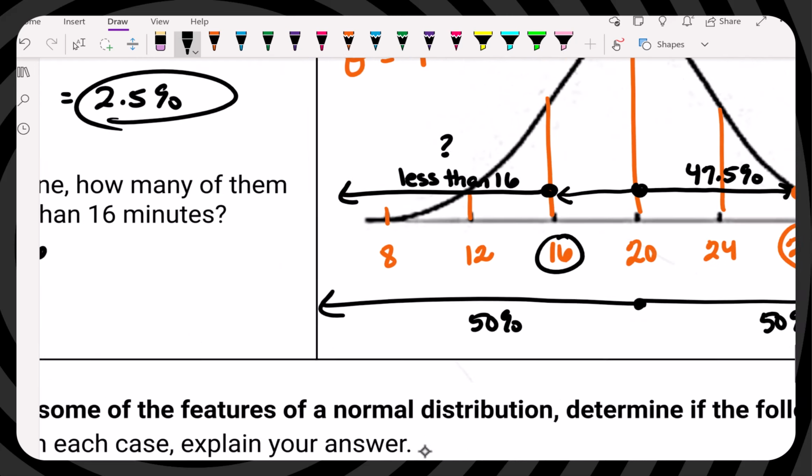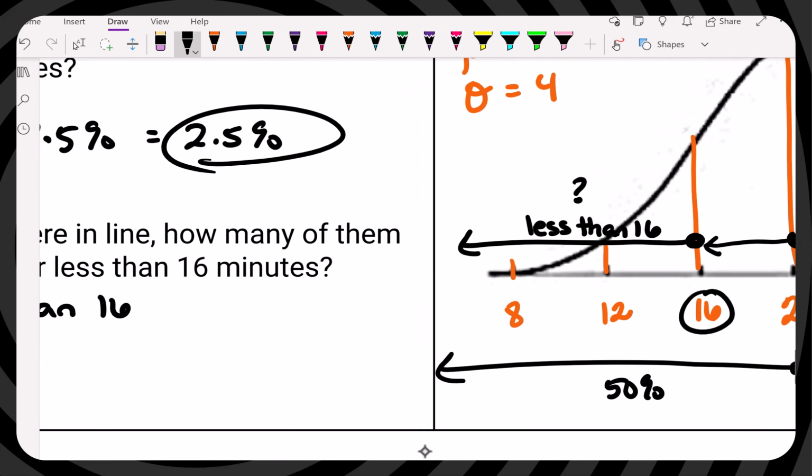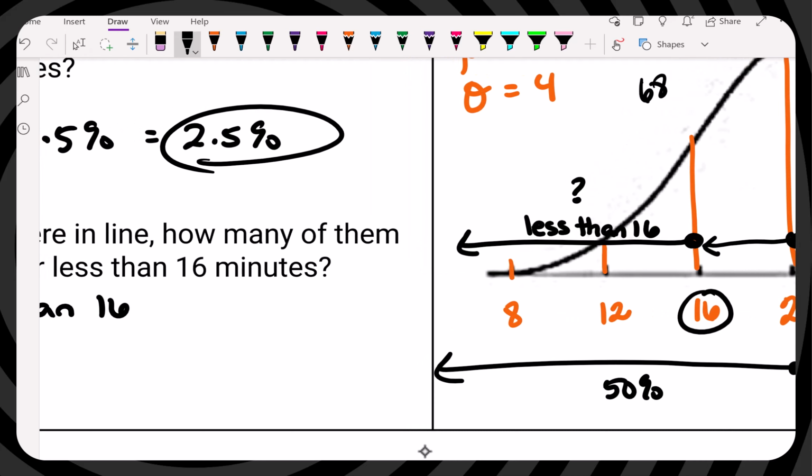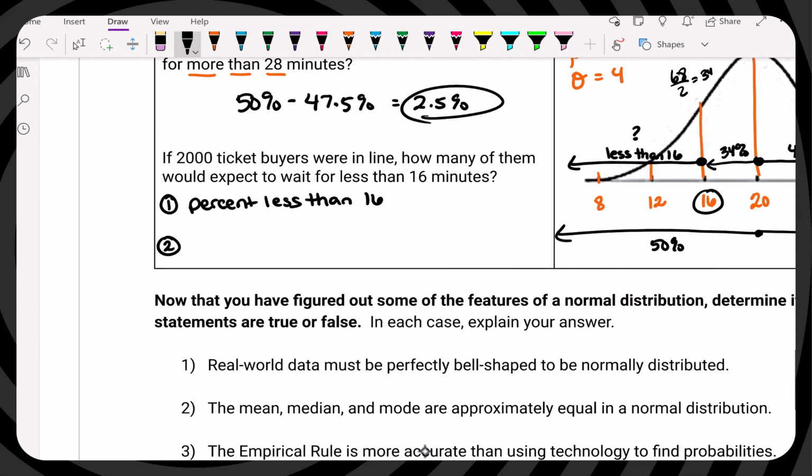So within a standard deviation is going to be a total of 68, but I'm only going in one direction, so that's going to give me 34%. So you have to take half of 68. So if you know this part is 34 and you know the whole entire half is 50, I would just subtract 50 and 34, which is going to give me 16%. Oh, I wrote that in the wrong spot.